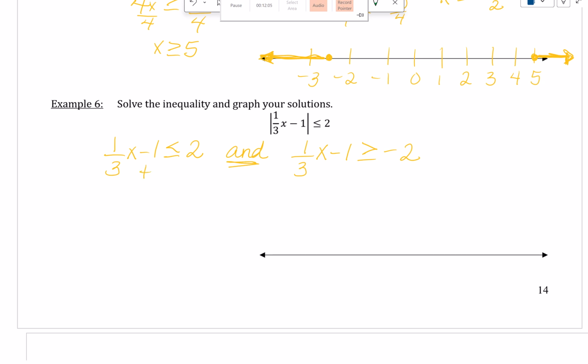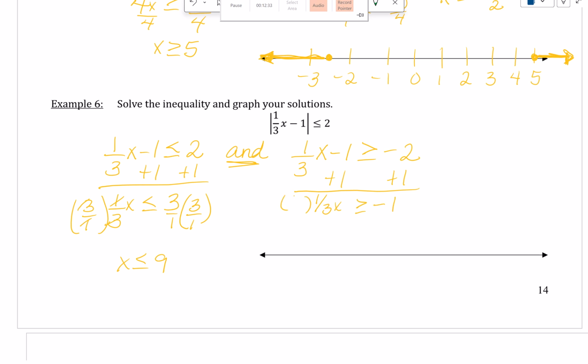So let's finish solving it out. So I have 1/3 x is less than or equal to 3. And then I'm going to multiply by the reciprocal, because dividing by a fraction is multiplying by the reciprocal. So x is less than or equal to 9. And our second case, again, multiply by the reciprocal.